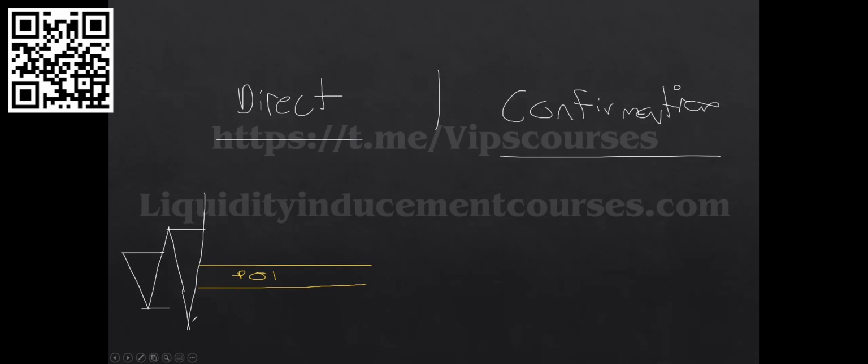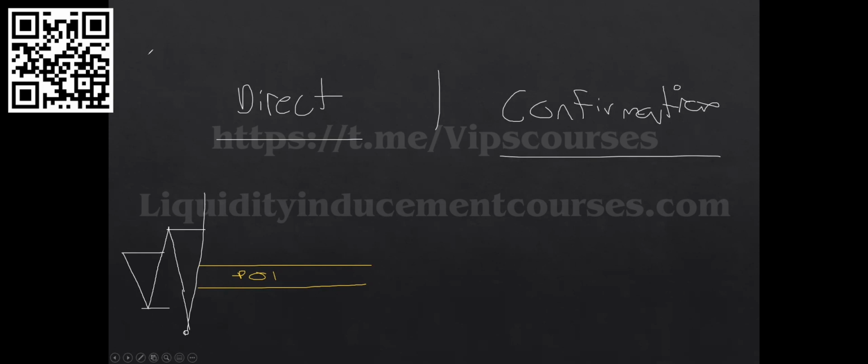So the direct would be when you have a point of interest, okay? And let's say we have a strong low right here, and there's a POI right here.